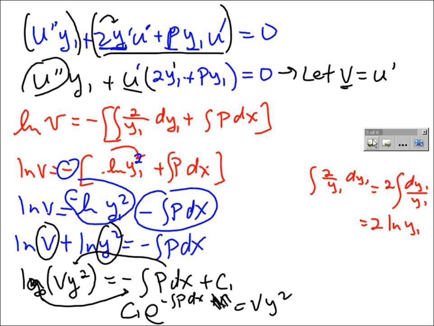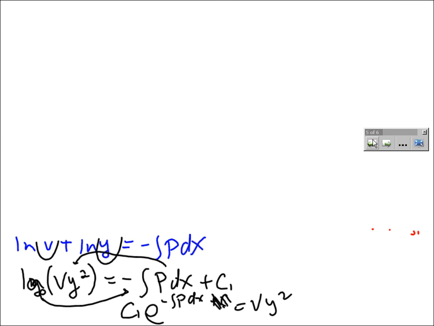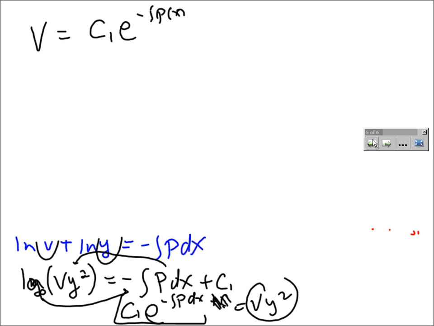Okay, so we're almost done. Let us write down what v equals. Dividing both sides of this equation by y1 squared, we have v is c1 times e to the negative integral p of x dx all over y1 squared.